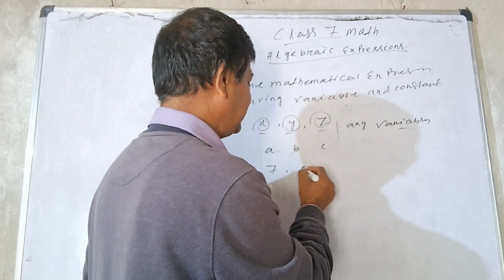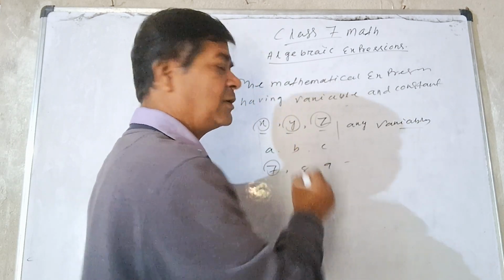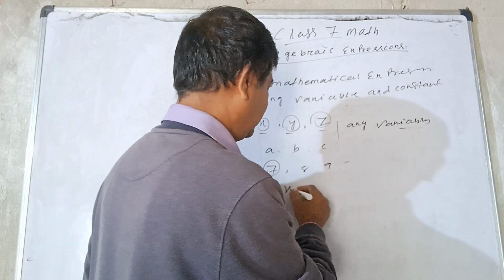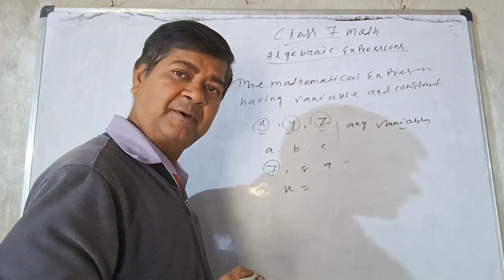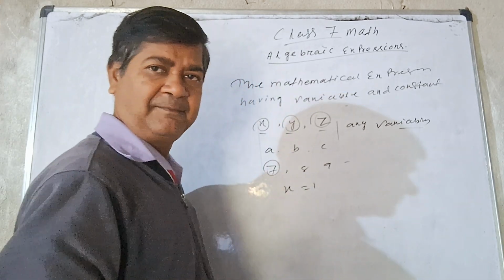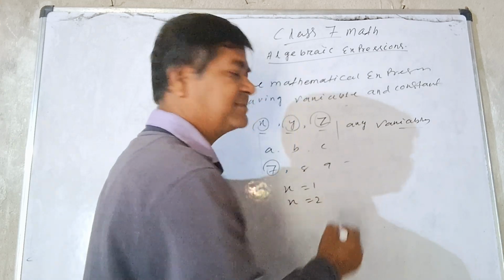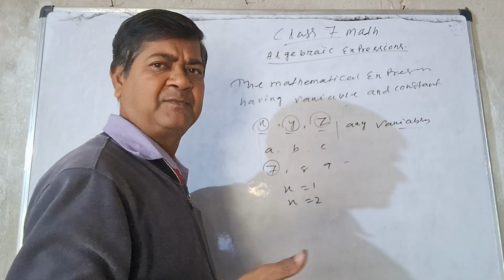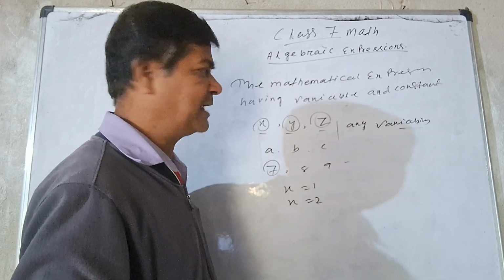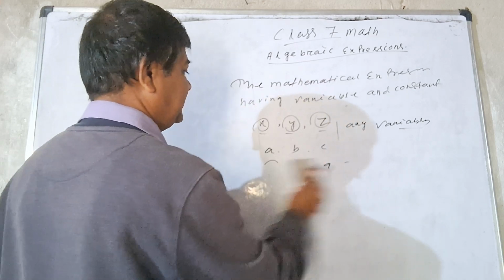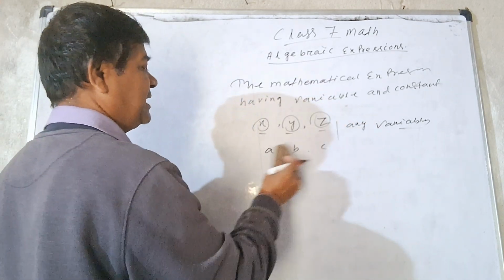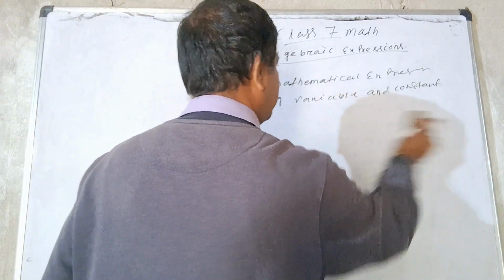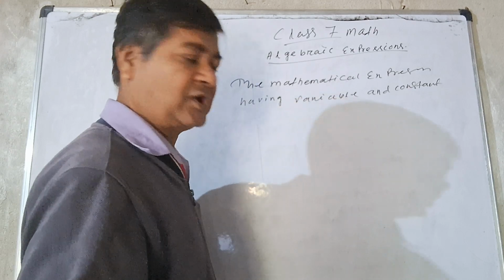Constant is just your 7, 8, 9. The value of 7 always remains unchanged. But what will you say about x? X may be equal to 1, x may be 2, x may be 3. Let the age of a person be x, it may be 30, 70, 50, 5, similarly. These X, Y, Z or A, B, C or any letters are variables. Constants are numerical constants or constant terms.